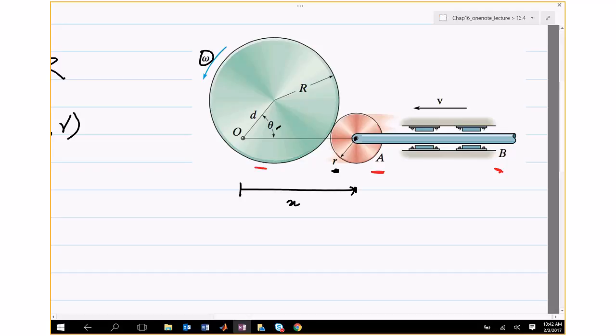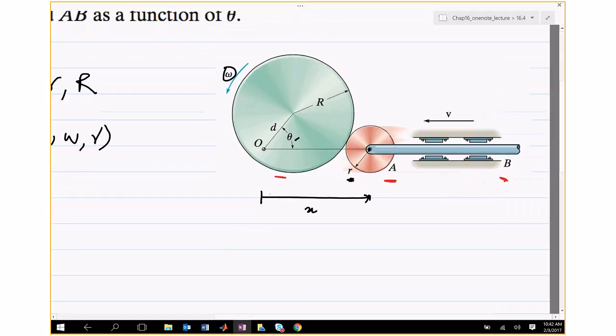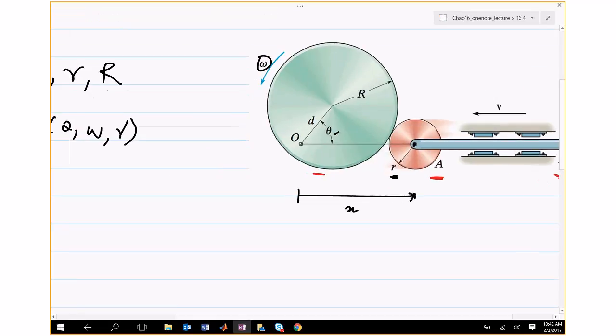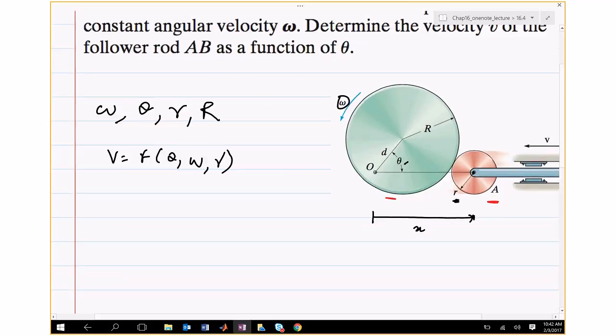So if that's X, the key thing is finding X. Once you find X, you have to find a relation between X and things which I know, which is small r, capital R, and what else? Theta and omega. So can you think of a relation between X and things I know about?